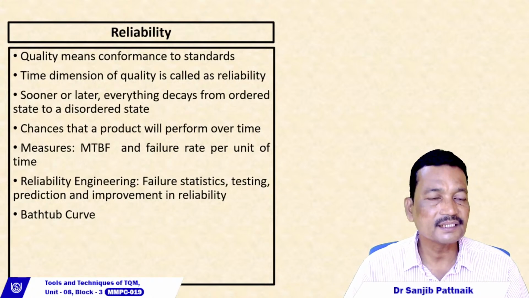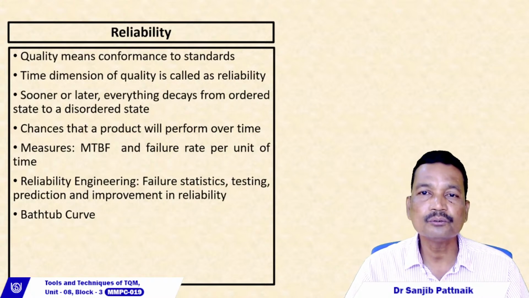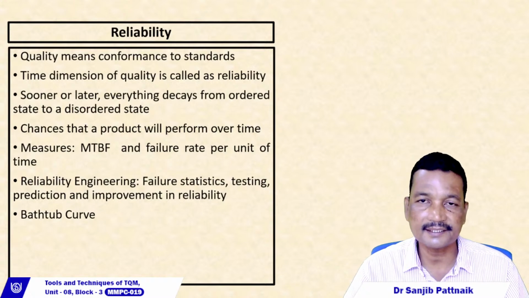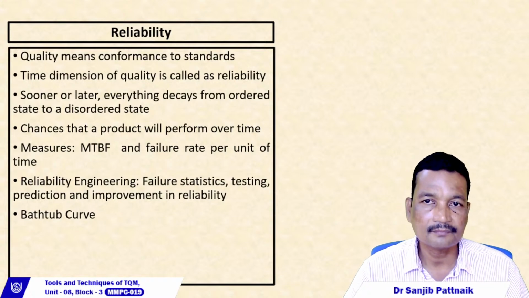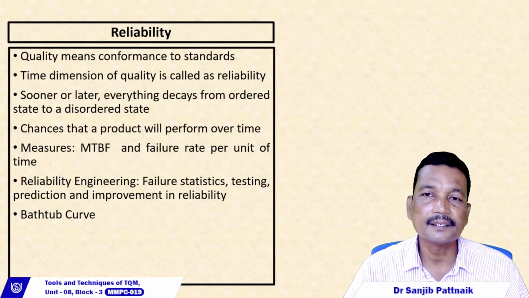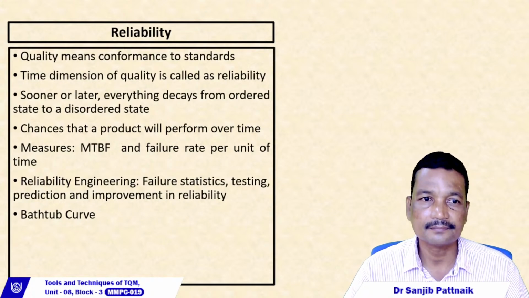Here we say quality means conformance to standards. That is the basic definition with which we had started this paper. The performance of a product or service should be matching the standards that have been set.